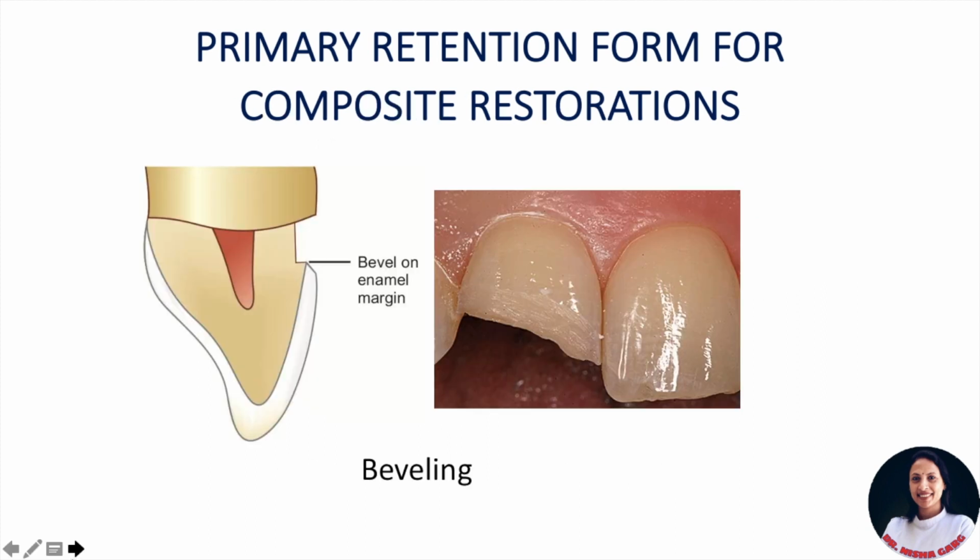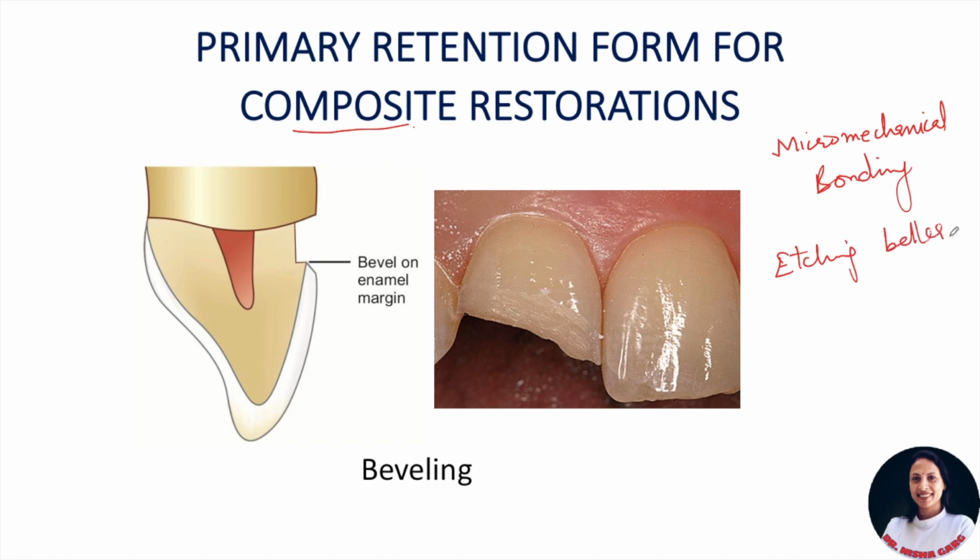Now, let's see the retentive features in tooth preparation for composite restorations. As we know, composite restorations are retained in the prepared tooth by micromechanical bonding between the etched and primed tooth surface and the composite resin restoration. And this bonding is better with enamel than dentine.